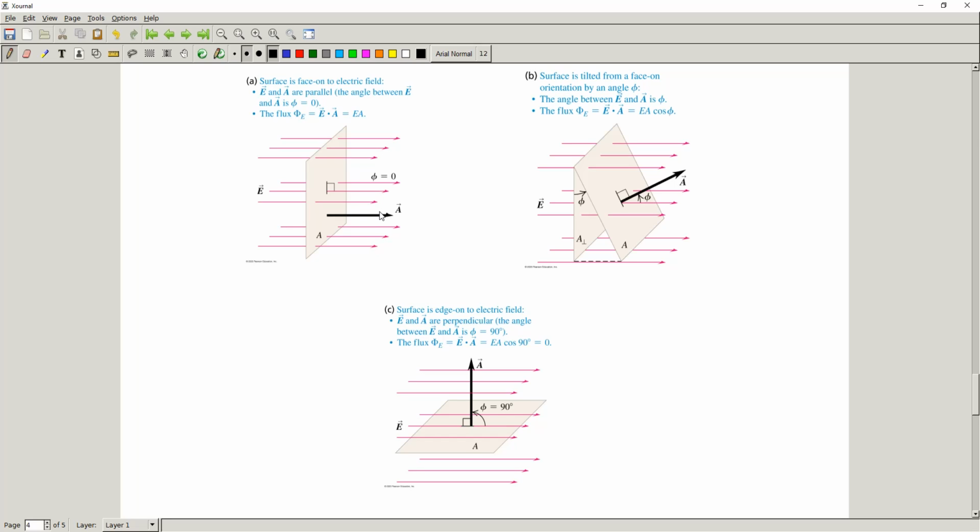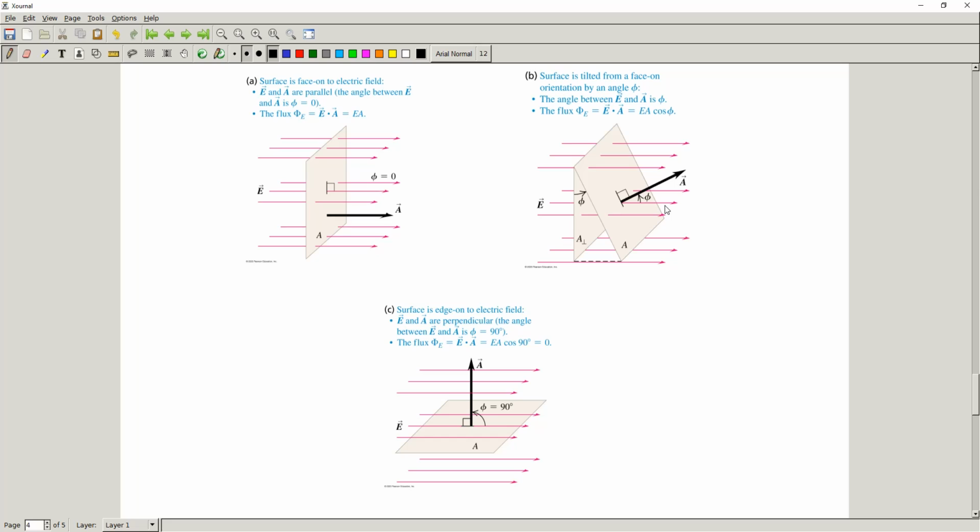And so we can see that if we did that dot product, we would end up with some value for our electric flux. But if we now tilted our surface slightly, right? So we tilt our surface some angle phi, and then we're going to have a small offset in the direction of our area vector versus our electric field vector, right?